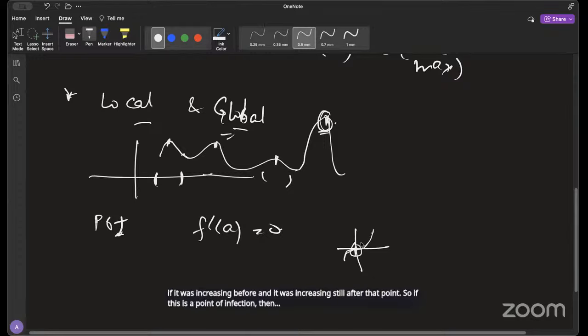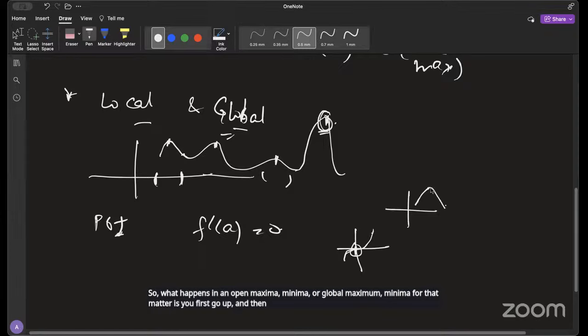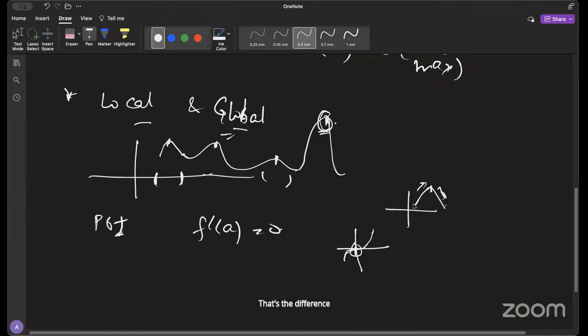What happens in a local maxima, minima, or global maxima, minima for that matter is you first go up and then you go down. First it's increasing and then it's decreasing. In a point of inflection, it keeps either increasing or keeps decreasing. So that's your point of inflection.